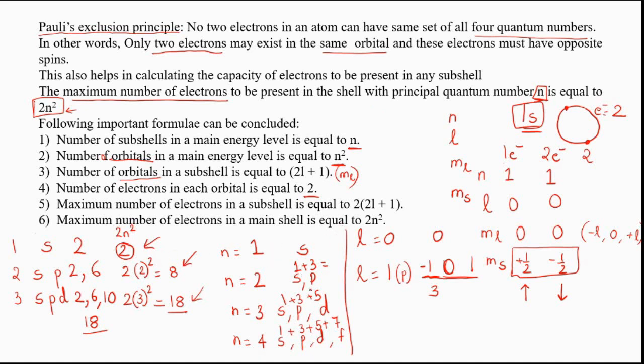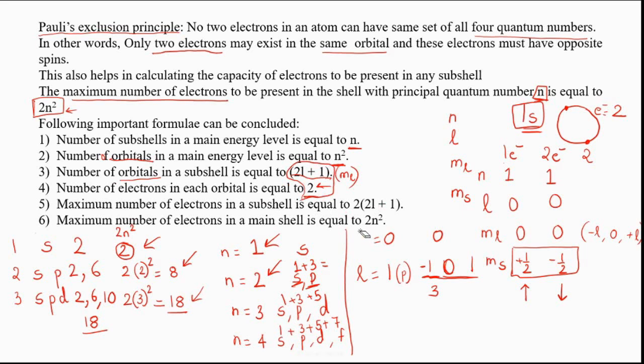The orbitals are given by this formula. So if I know the number of orbitals as 2l plus 1 and I know that the number of electrons in each orbital is equal to 2, I just have to multiply these two to get the total number of electrons in any subshell: 2 into 2l plus 1.